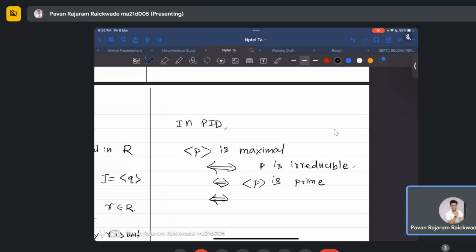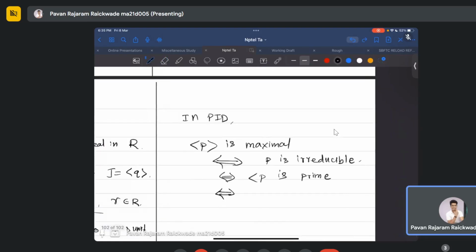Okay, so I should change this. Yeah, this is right originally. So P irreducible implies P prime, but this will imply the ideal is prime.